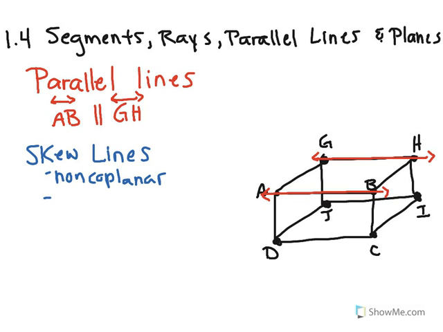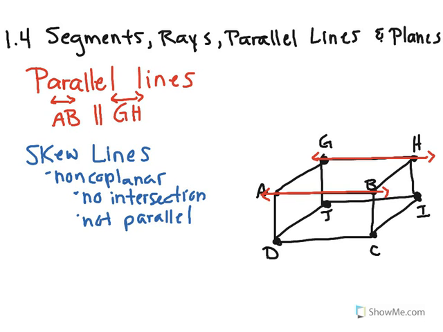So I'm going to write a couple notes here for myself so that you can see this a little bit clearer. That means no intersection and not parallel. So try to think of that as I'm doing this, and what you think would be skew lines.